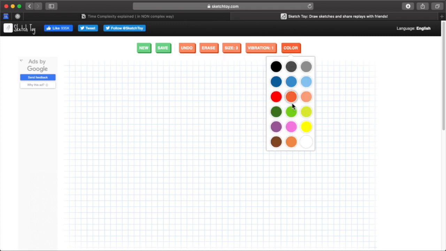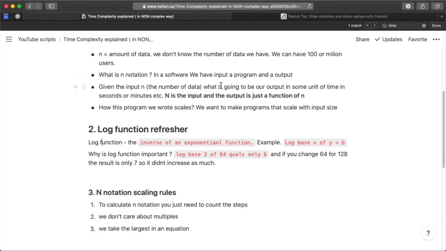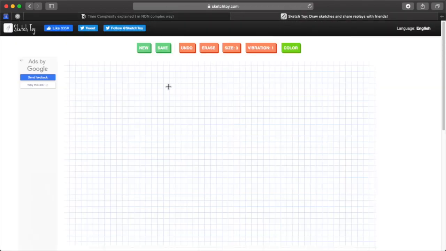I just want to get a different color, and now let's check the notes. The logarithmic function is the inverse of the exponential function. Boom, red color there. And the exponential function goes like this. I very much like the exponential function.